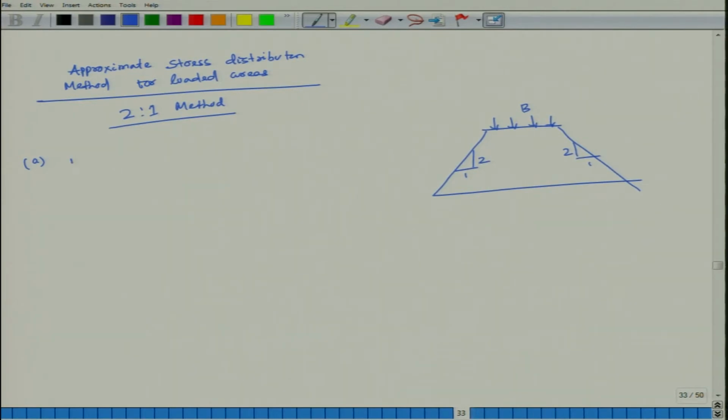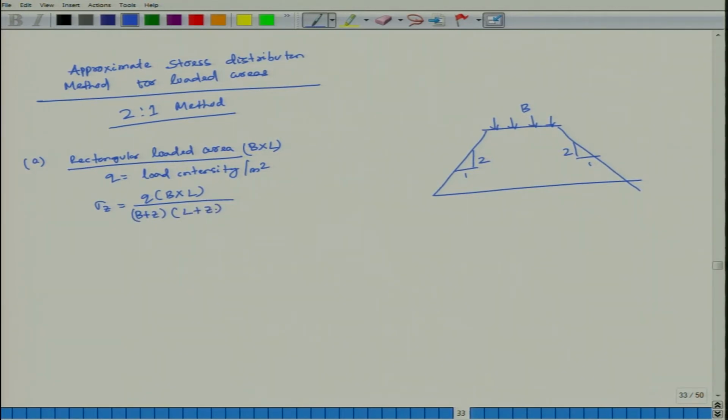So, for rectangular loaded area, that means B by L, and Q is equal to load intensity divided by meter square, then sigma Z is equal to Q B L divided by (B plus Z) into (L plus Z).